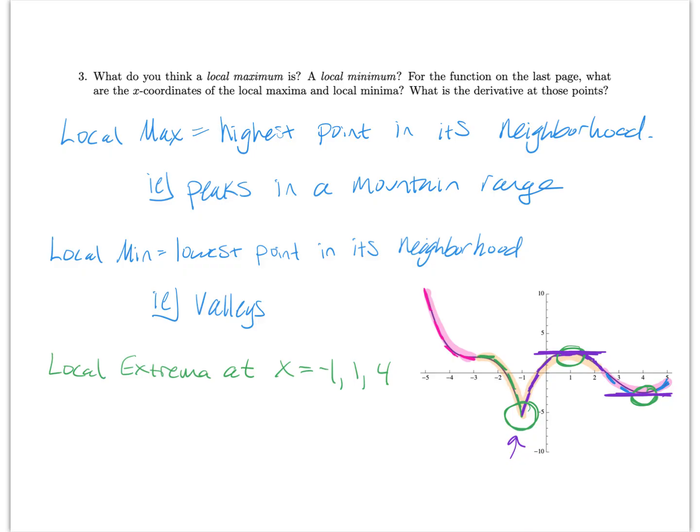Because how do you draw a tangent line there? Do you draw it like this, or like this, or like this? There's no way to define how to draw a tangent line at a sharp corner, so we say it's undefined. So at these three extrema, the derivative f prime is 0 or undefined.